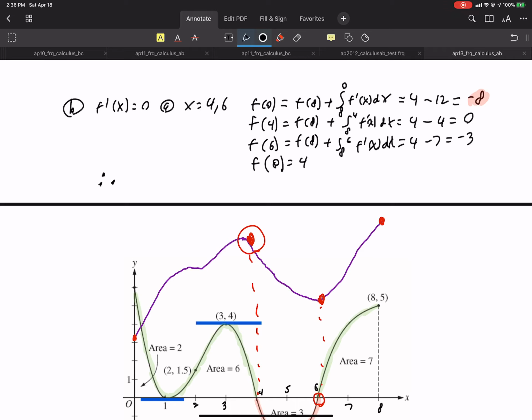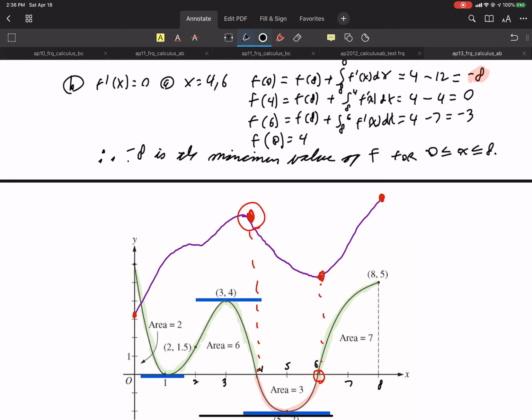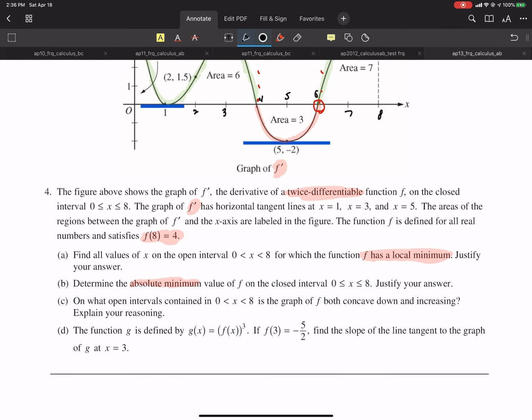Therefore, negative 8 is the minimum value of f for x between 0 and 8. That is B. 2 more to go.